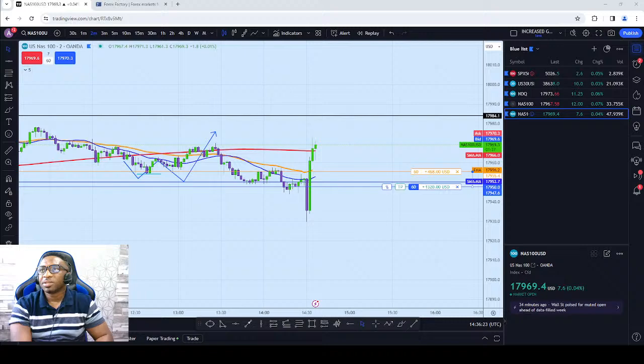That's why I said don't worry about your managed risks. If you are playing within your accepted risks, you should be fine once you get a very good move.